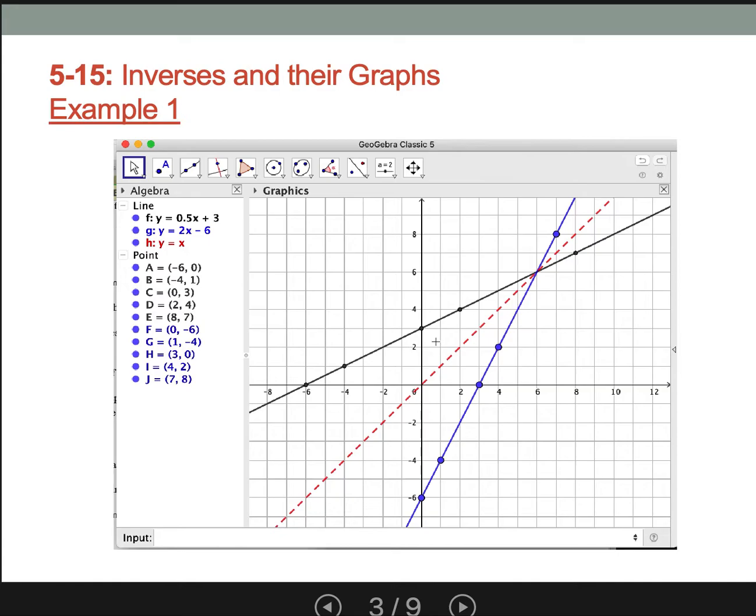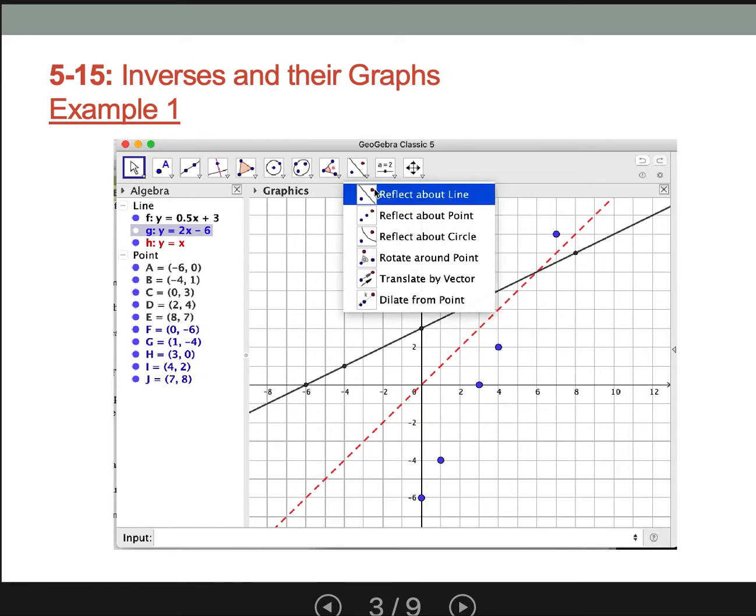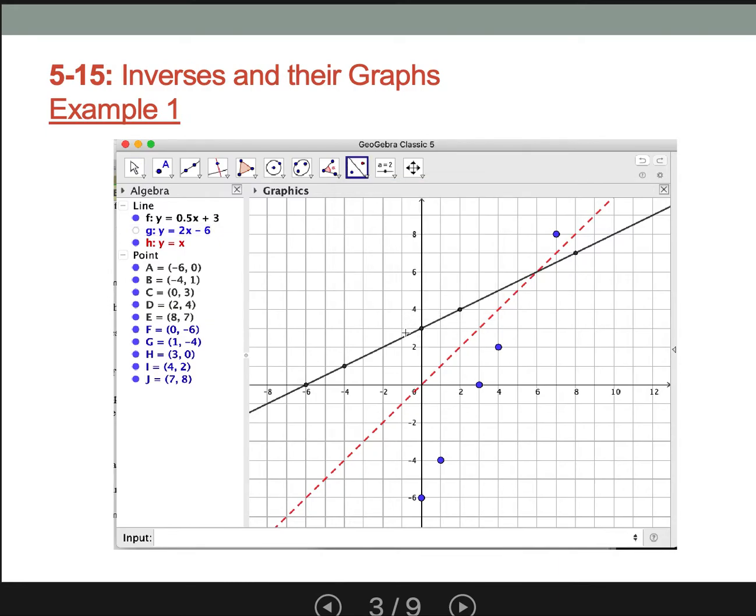If I take away this line, this program is pretty cool, I can do reflections. It says reflect about a line, so you select the object to reflect and then the line of reflection. I'm going to select this line and reflect it over this line.